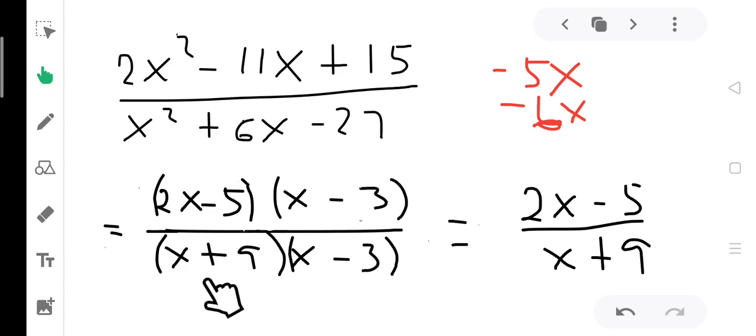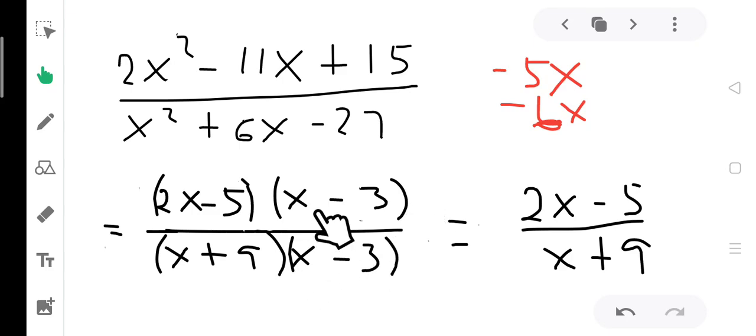Now we're going to look for the common factor in the numerator and in the denominator. Then cancel them, or divide the numerator and the denominator by the common factor. So we have 2x minus 5 and x minus 3.